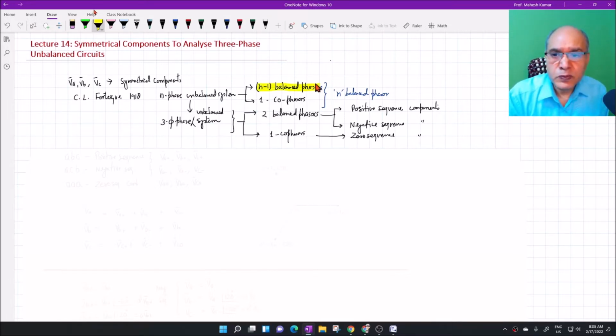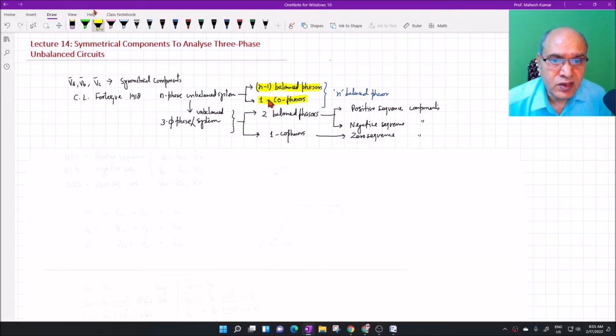So according to the proposition of C.L. Fortescue, n-phase unbalanced system can be resolved in n-1 balanced phasors and 1 co-phasor. So total n phasors, n set of phasors, n-1 plus 1.